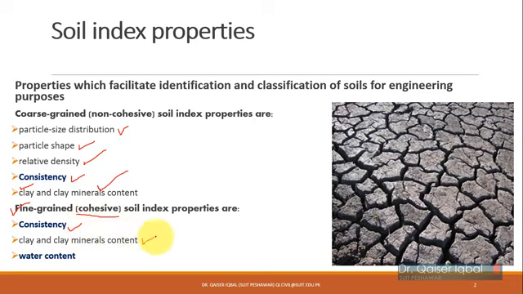Then obviously in cohesive soil we will have clay, but its clay mineral content will also be very important. The montmorillonite will have different behavior than illite or kaolinite. We will discuss them in great detail later on while discussing shear strength and compressibility of those soils as well.